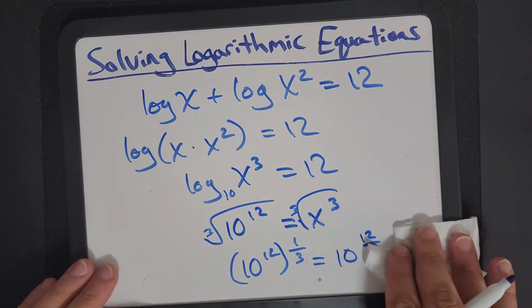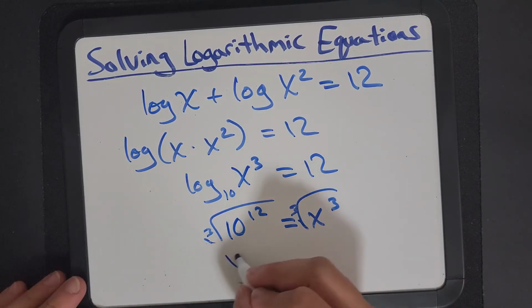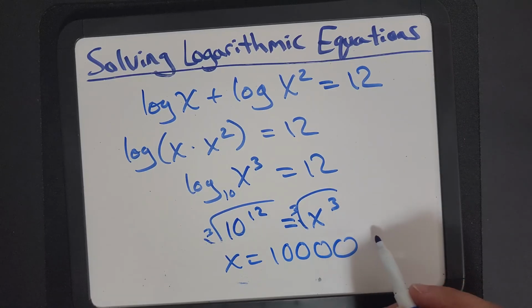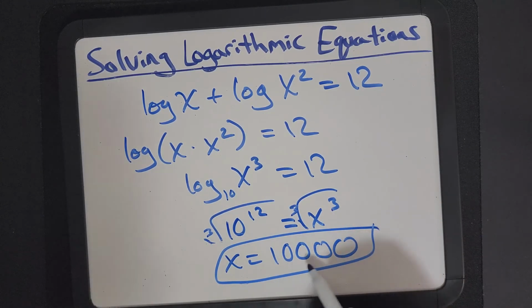So we have x is equal to 10,000. Yeah, that's correct.